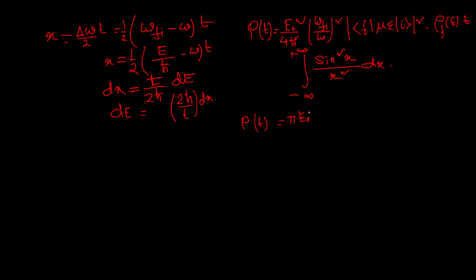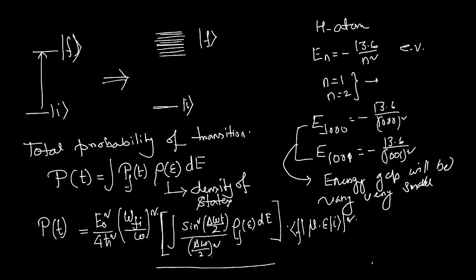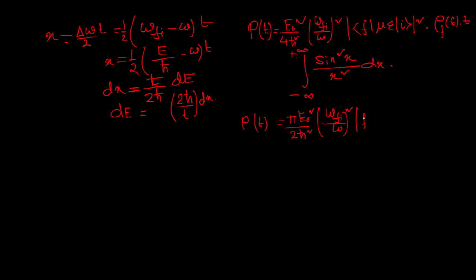E0 square into 2 h cut square, omega fi by omega square, into omega Ei square t into rho f.